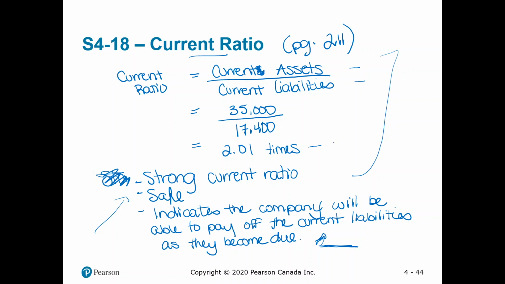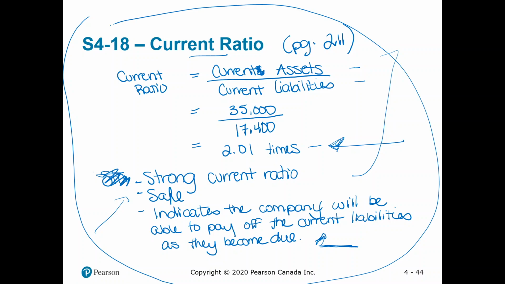If the current ratio ended up being really low, so maybe it was 0.9, well, now the supplier would say, no, that's a very weak ratio. It's unsafe for us, so we're not willing to grant you credit. So that's where this type of ratio may be used.